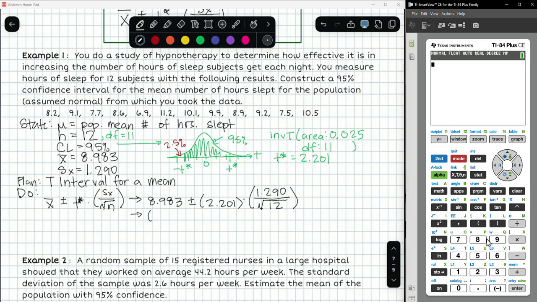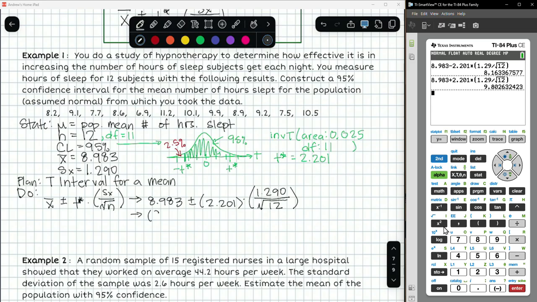So back on our home screen, we're going to have 8.983 minus 2.201 times 1.290 divided by square root of 12. And then to get the upper bound, I copy that and change it to an addition problem.